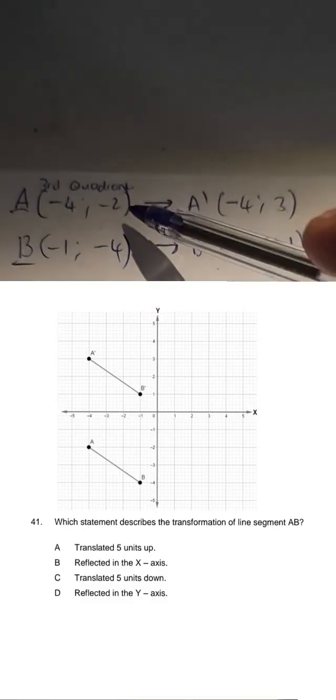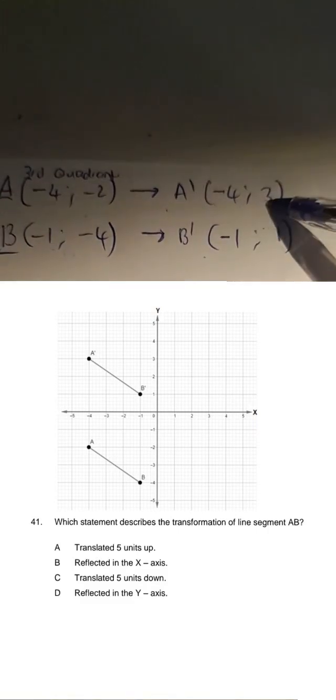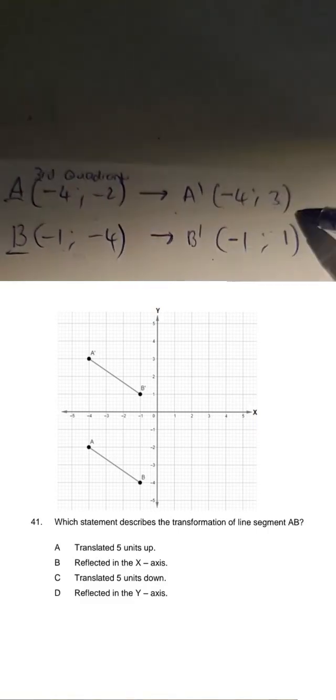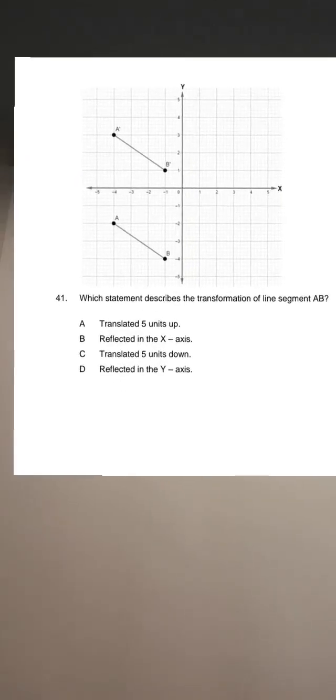So here the sign of y did not change. This -2 should now become +2 if it was a reflection in the x-axis whilst x stays the same. So this is not reflection in the x-axis, completely out.